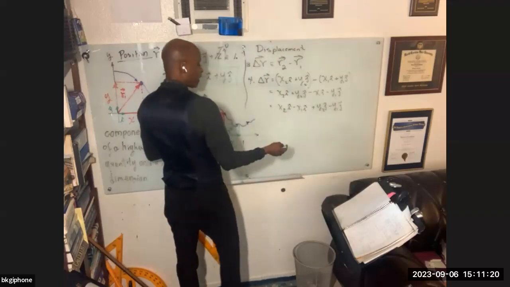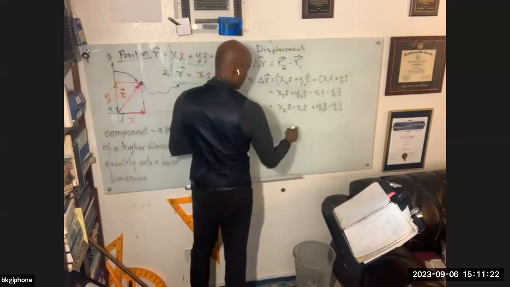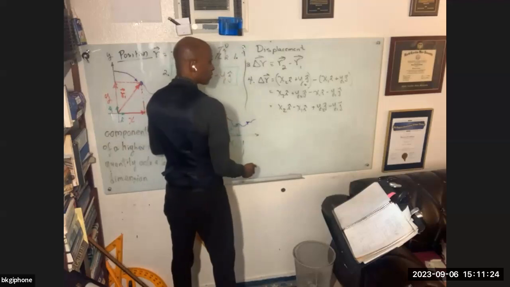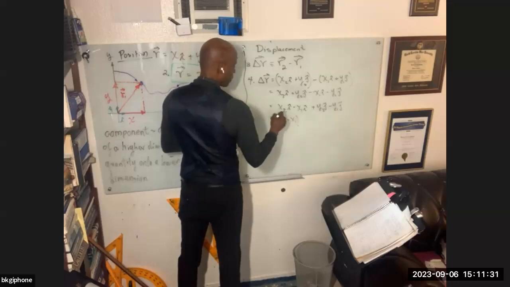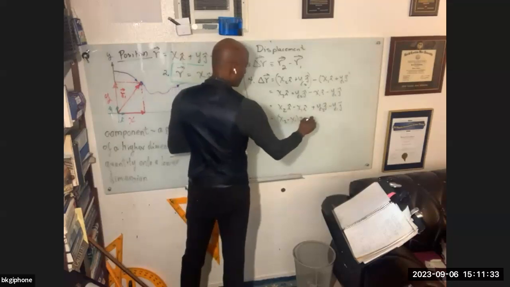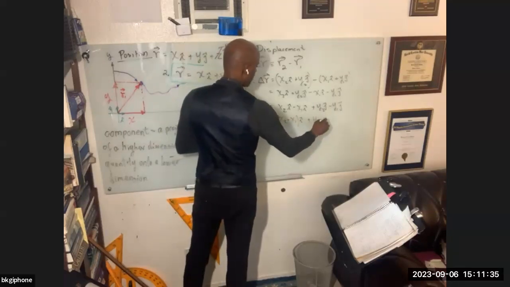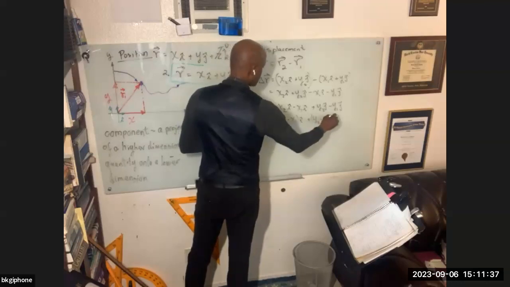Now, factoring out an i, I forget what the property is called, maybe it's still associative, x2 minus x1 quantity i hat plus y2 minus y1 quantity j hat.